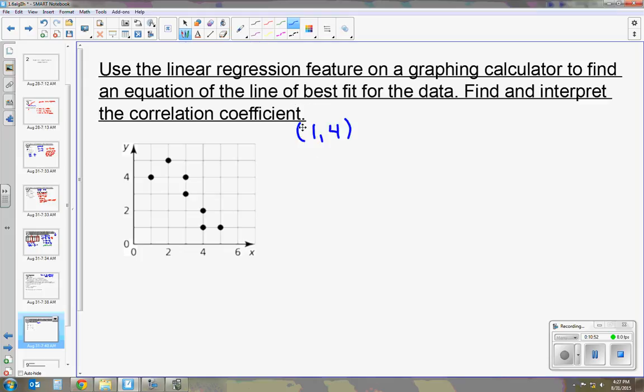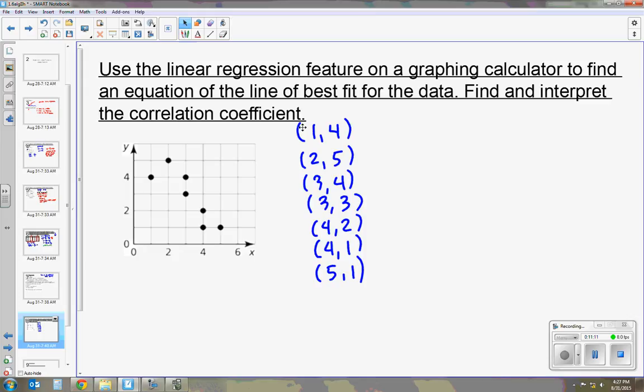We have 2, 5. We have 3, 4. 3, 3. 4, 2. 4, 1. And 5, 1. Okay, so we're going to use these data points when we do linear regression.